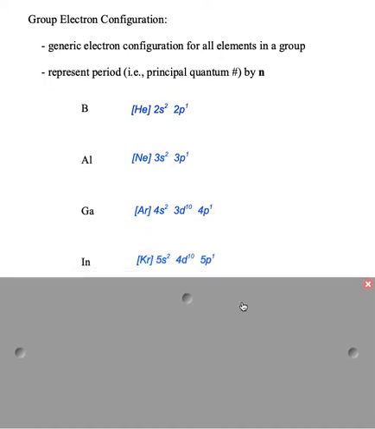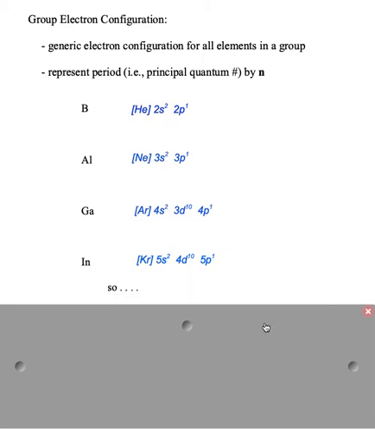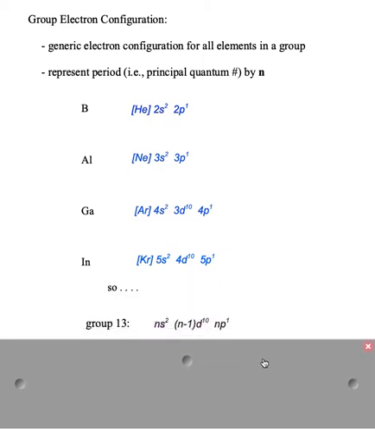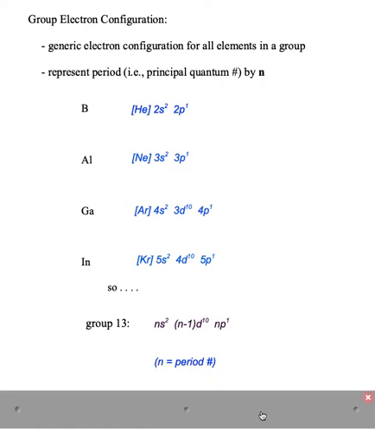Indium has the configuration krypton 5s2 4d10 5p1. What you see for each of these is that every element in group 13 has a completely filled S sublevel with 2 electrons in it and 1 electron in the P sublevel. And if it has a D sublevel, meaning if it's in the 4th period or lower, that's completely filled. So our group configuration for group 13 is ns2 (n-1)d10 np1, where n is the period number.